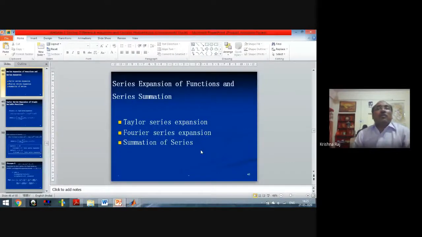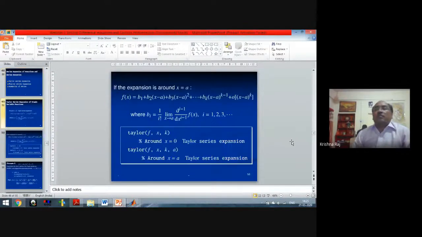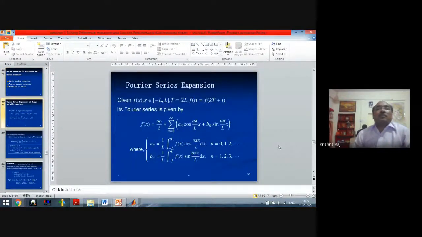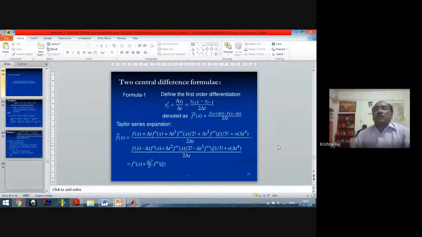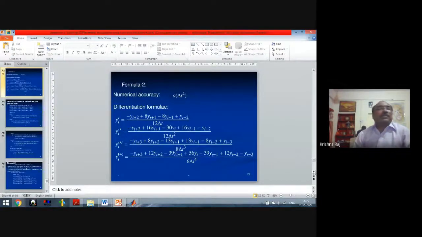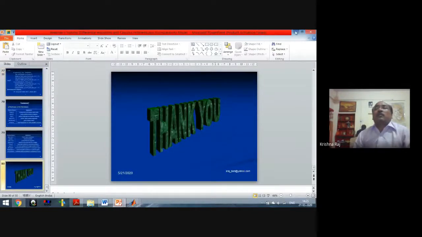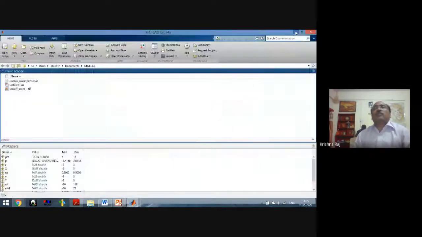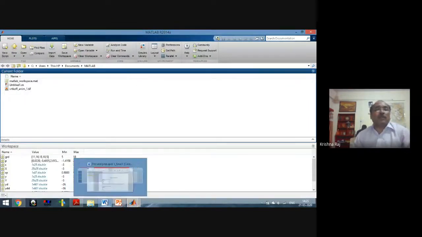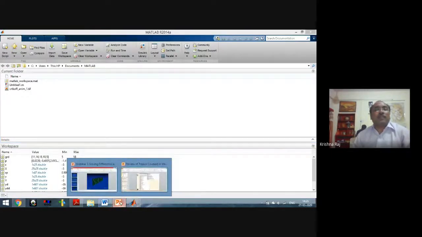Now these are the mathematical integration and differentiation topics which we have covered, and in tomorrow's session we will consider some toolboxes related to differential equations.